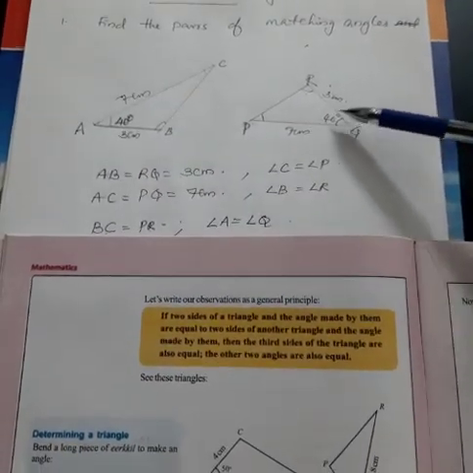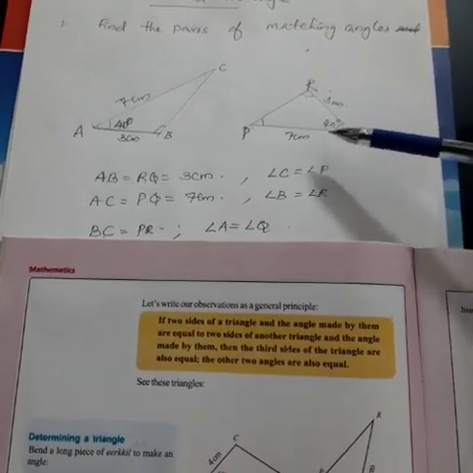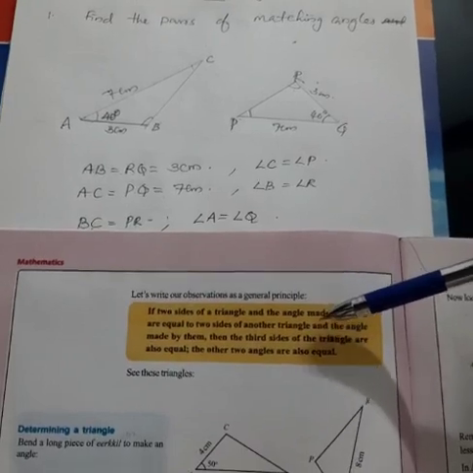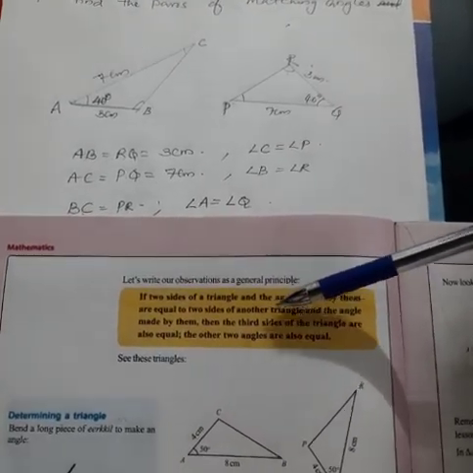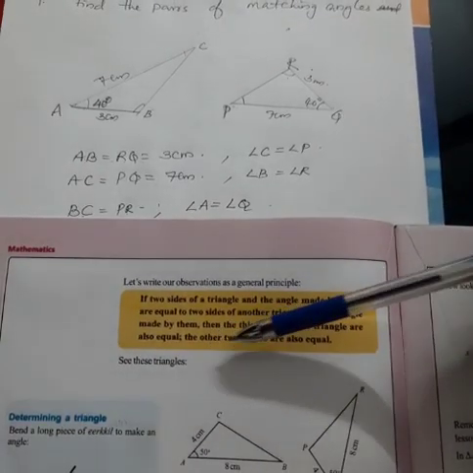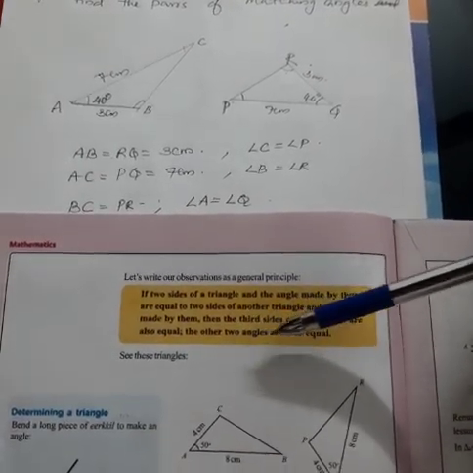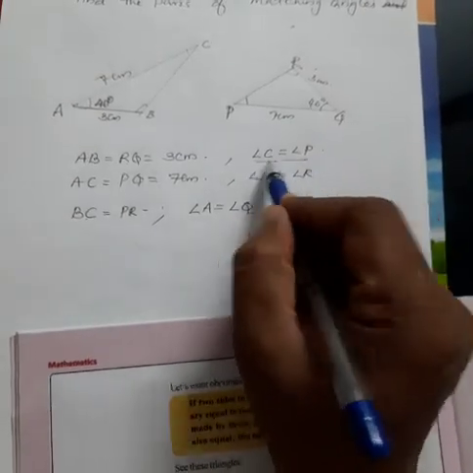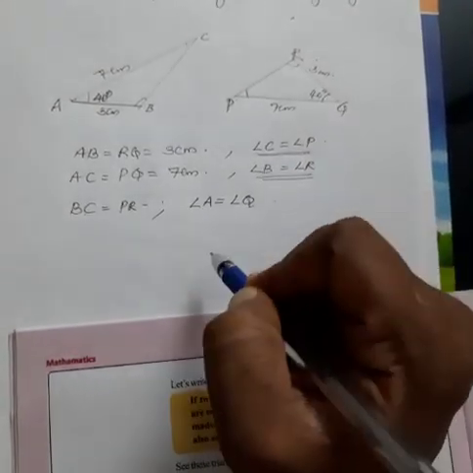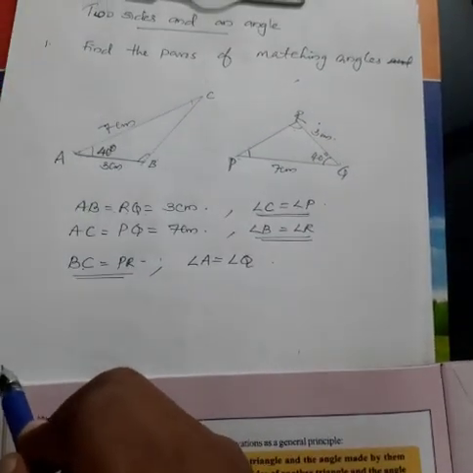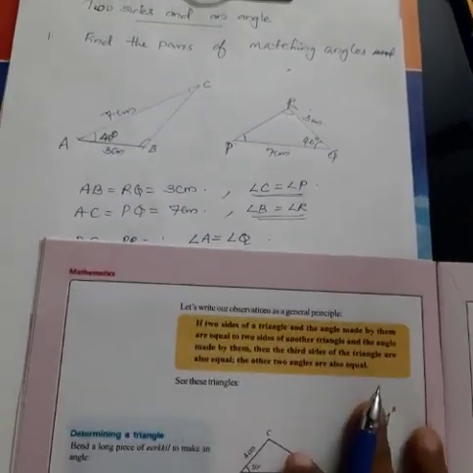If two sides of a triangle and the angle made by them are equal to two sides of another triangle, then the third side is also equal. The other two angles are also equal. So these are the matching pairs of angles, and this is the third side that is equal according to the principle.